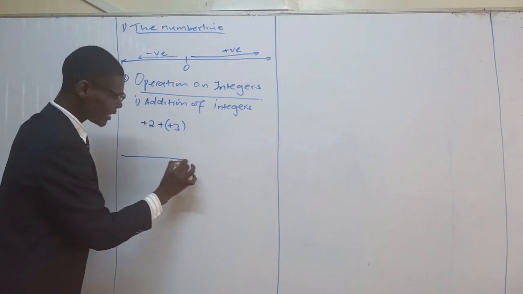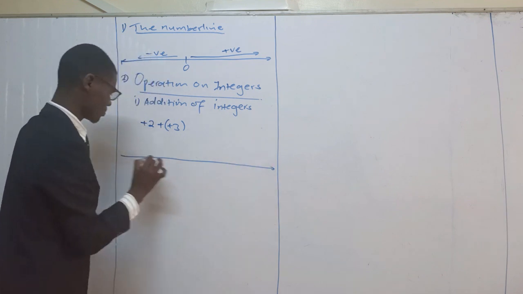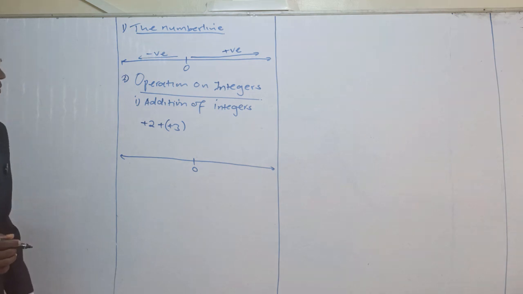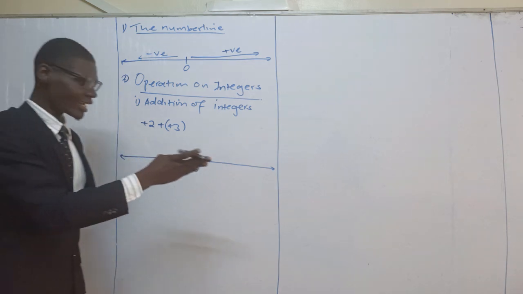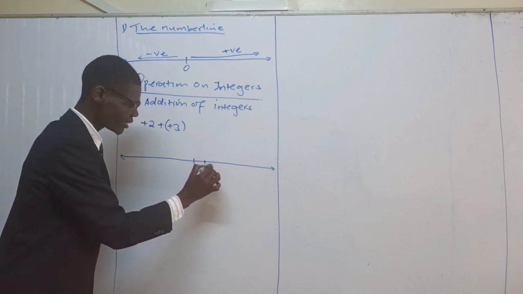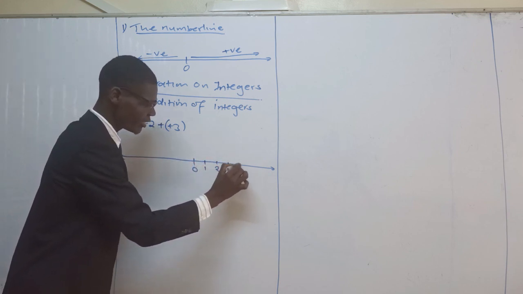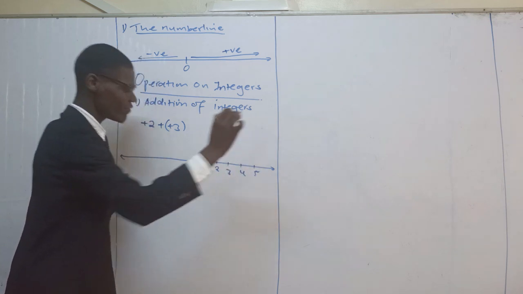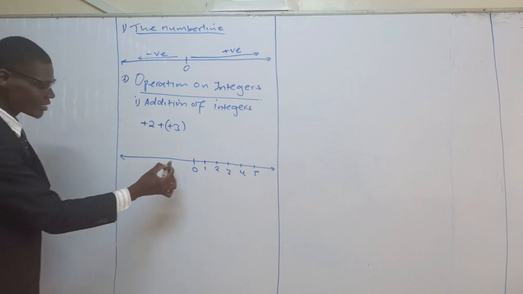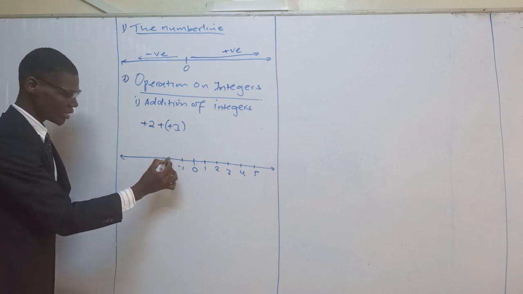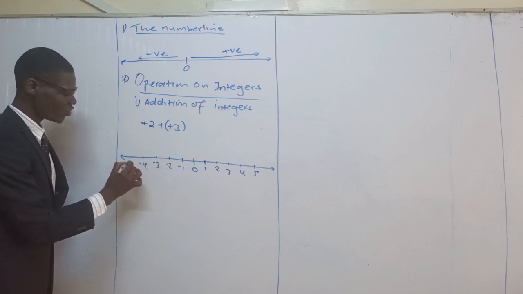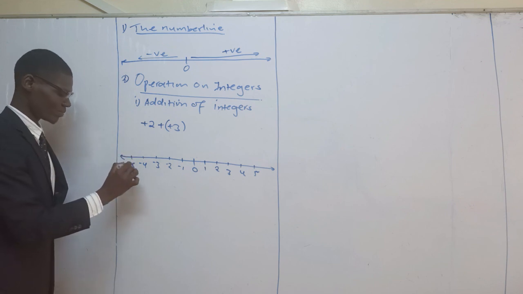I draw my number line here with 0 as the reference number. On the right we are going towards the positive integers. I write 1, 2, 3, 4, 5. On the left we go to negative integers. We say negative 1, negative 2, negative 3, negative 4, negative 5.